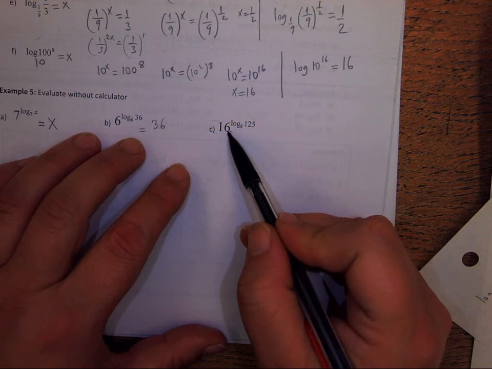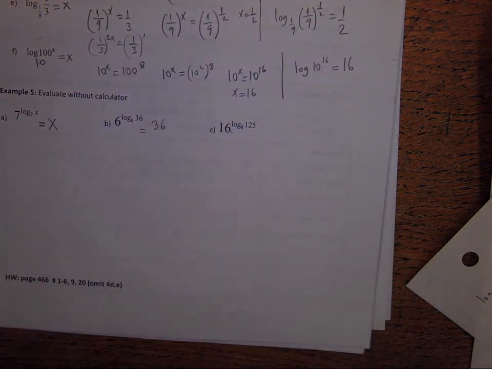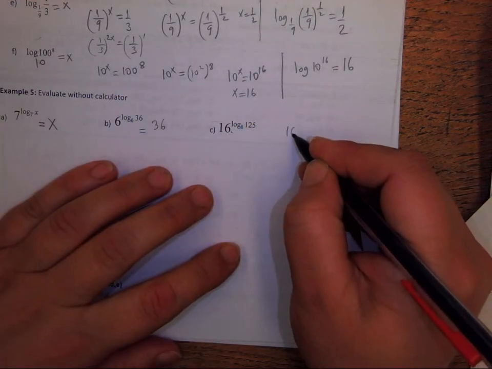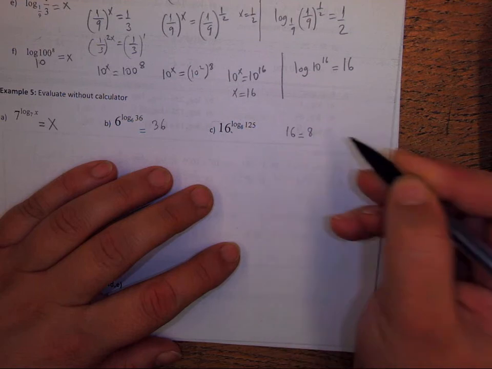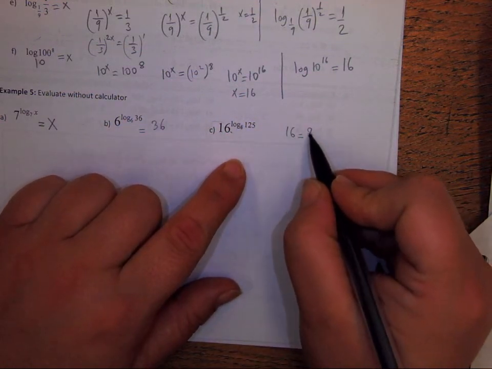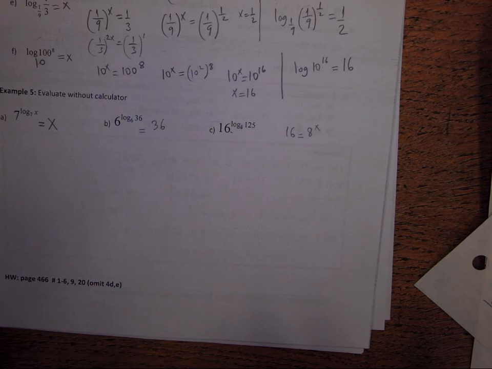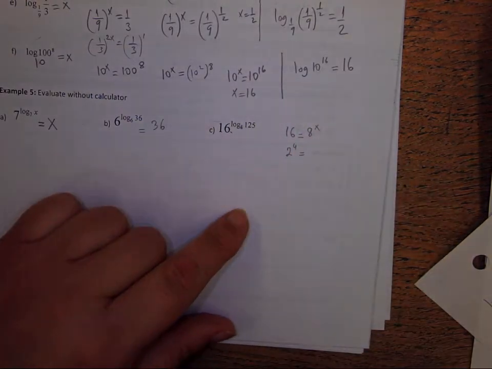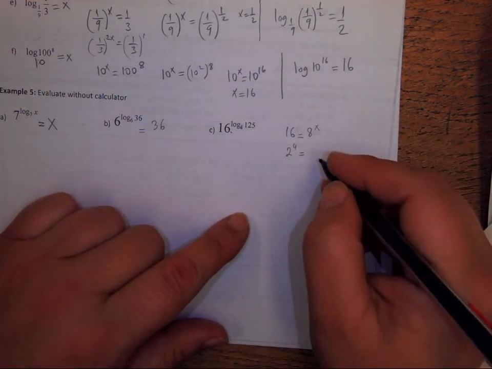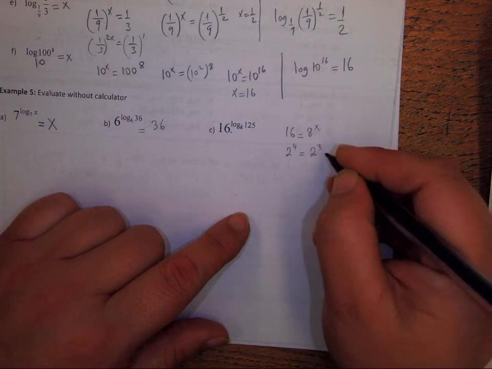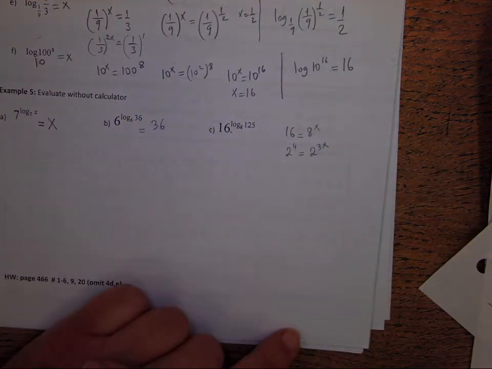So I need to write 16 with base 8, so that these two match. I'm going to say 16 equals 8 to the power of x. I want to know that. So 16 equals 2 to the power of 4. 8 to the power of x equals, 8 is 2 to the power of 3, to the power of x, so that gives you 2 to the power of 3x.